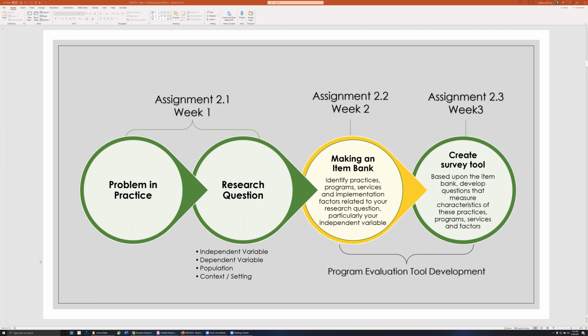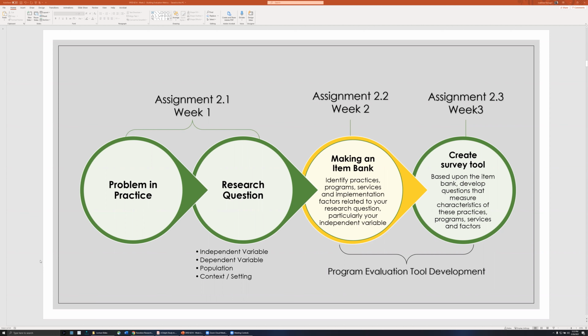And you identified your independent variable, dependent variable, population, and context. Assignment 2.2, which is this week, is you're making your item bank. So you're identifying practices, programs, services, and implementation factors related to your independent variable, and more broadly, your research question for your problem of practice.